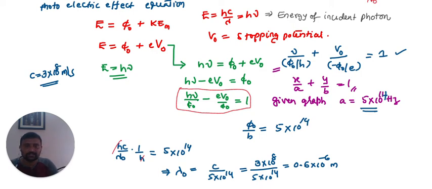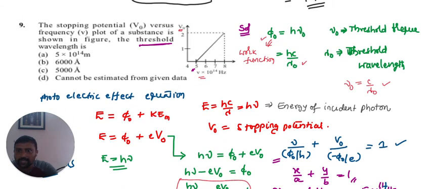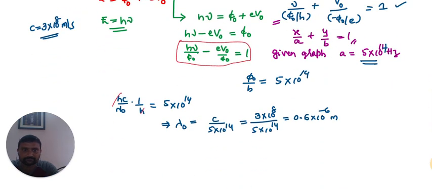Once we look at the options, the values are given in angstroms and meters also. In meters he gave 5 into 10 power 14, that is not our answer. Here we move to the conversion of wavelength into angstroms.